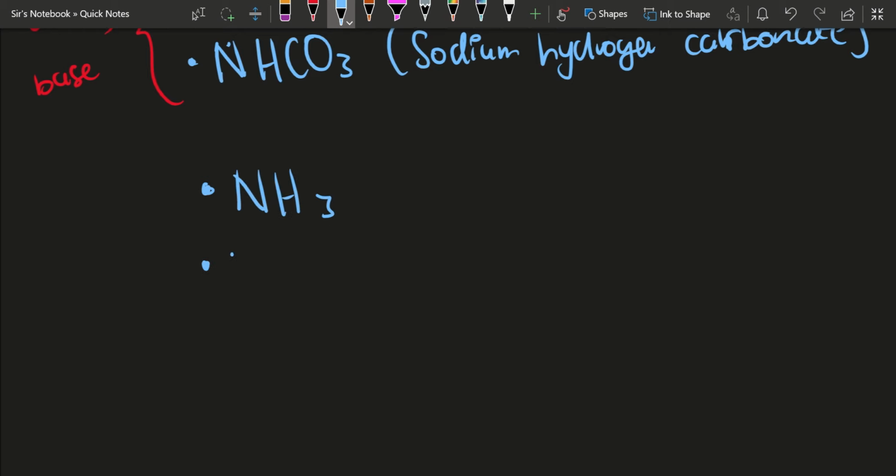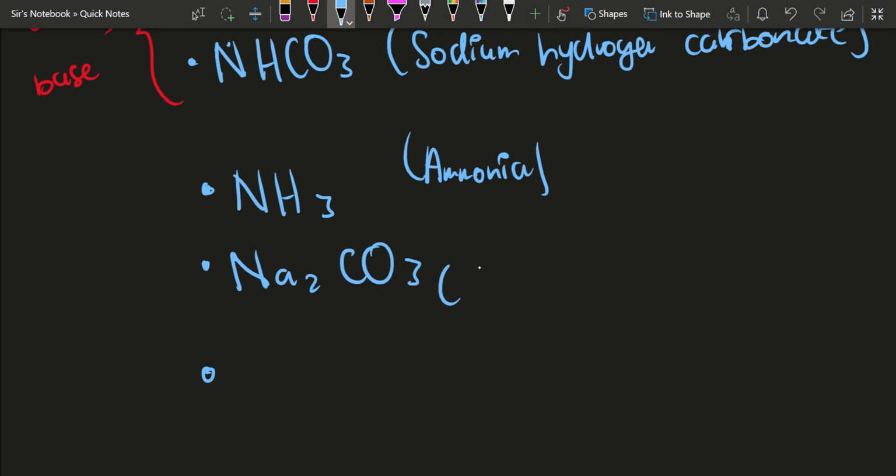We look at substances like ammonia, sodium carbonate, CO3, as well as what's this other one?